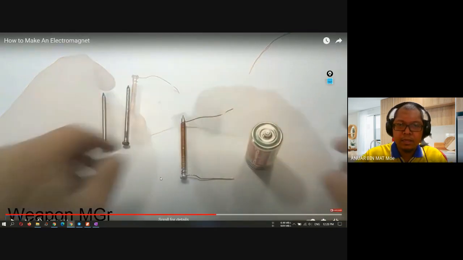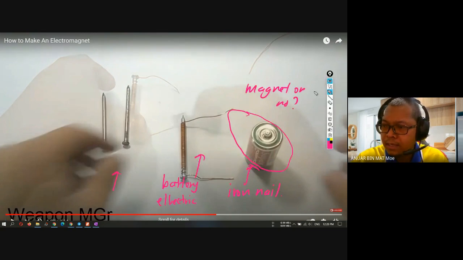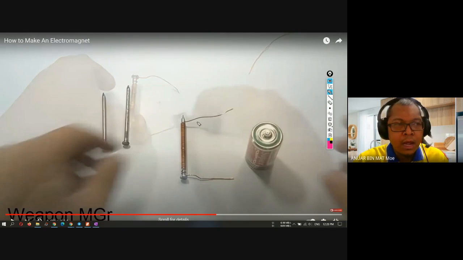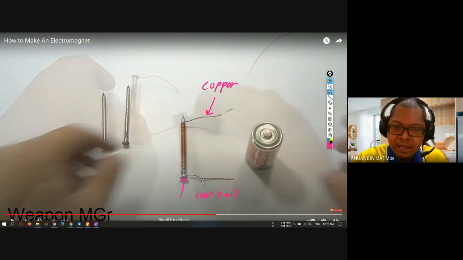Okay, class. So how do we want to make it magnetic? First, we need to coil the copper wire. This is the copper wire. We need to coil it around the iron nail. Before we connect it to the battery, does the iron nail have a magnetic field or no magnetic field?